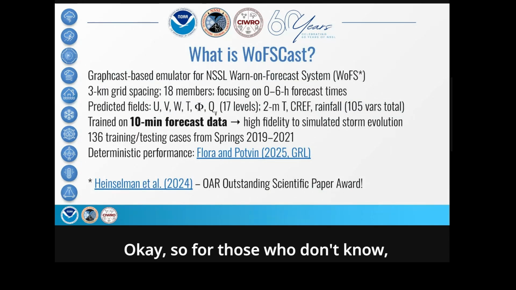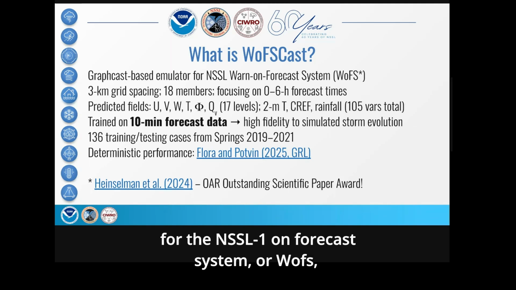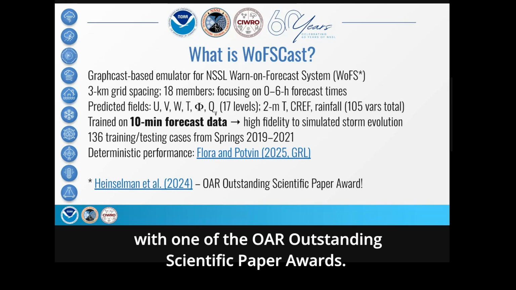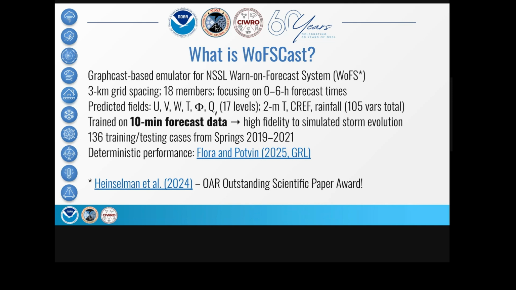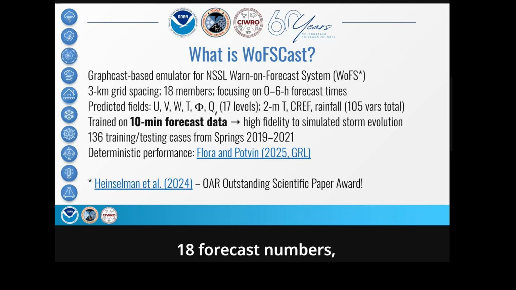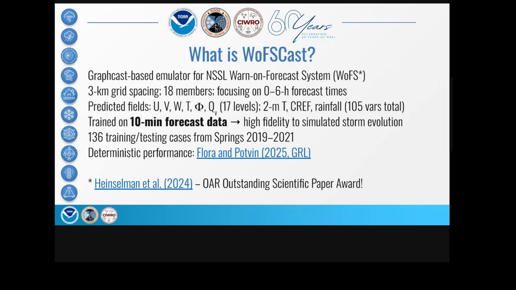Okay, so for those who don't know, WoFSCast is a GraphCast-based emulator for the NSSL Warn-on-Forecast System, or WoFS, which was actually recognized just yesterday with one of the OER Outstanding Scientific Paper Awards. WoFS and WoFSCast use 3-kilometer grid spacing, 18 forecast members, and focus on 0 to 6 hour forecast times.